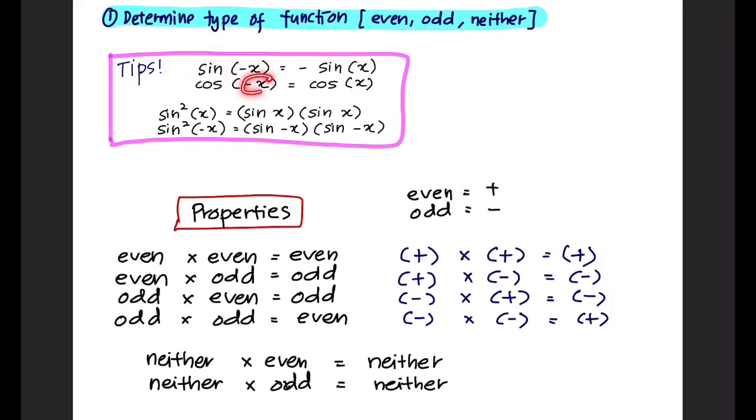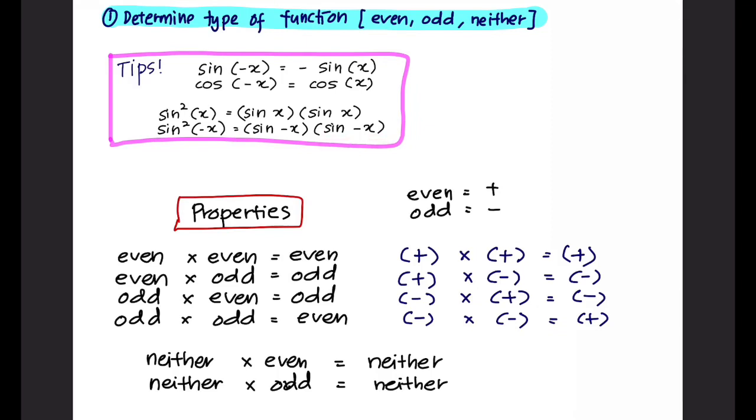But cos(-x) equal to cos x. Sine squared x equal to sin x multiplied with sin x. Squared here means that you multiply sine 2 times. Sine squared of -x equal to sin(-x) multiplied with sin(-x).